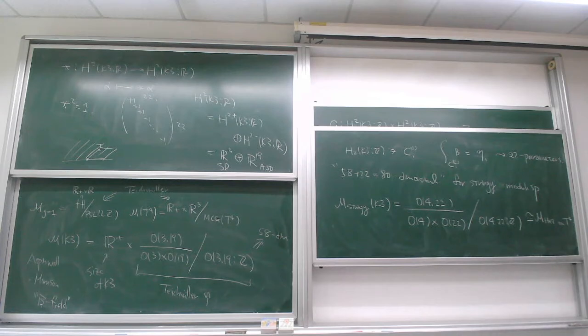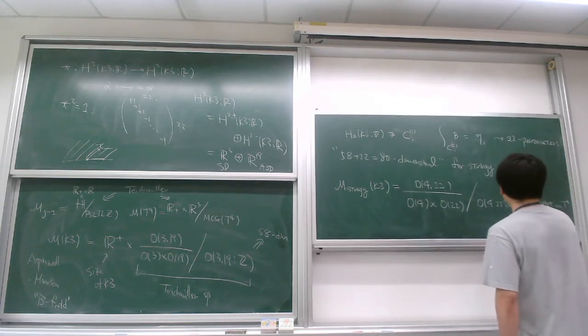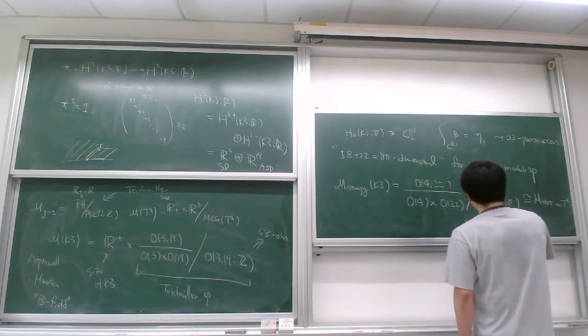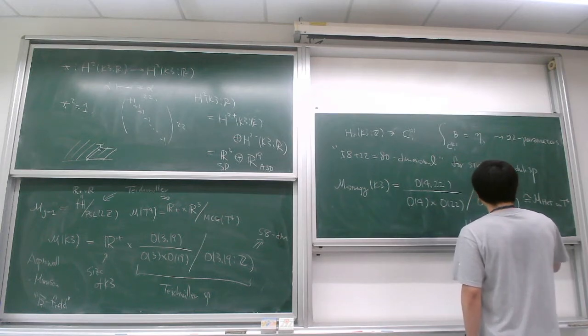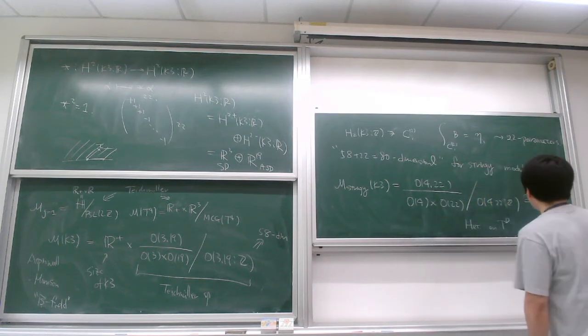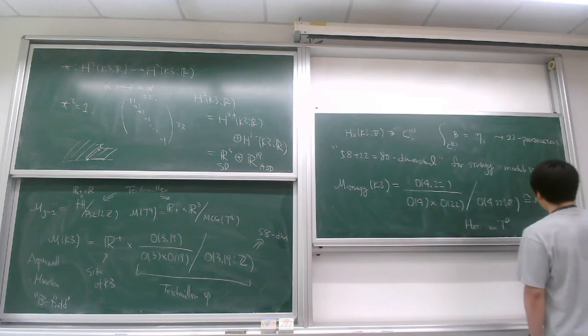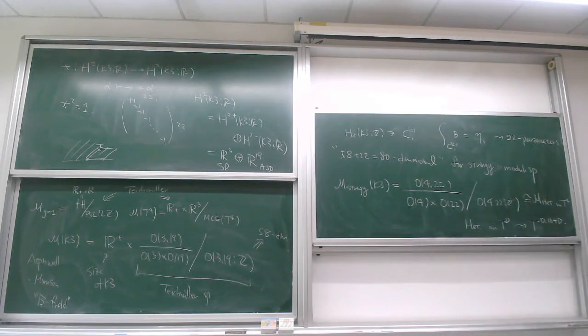Recall that once you compactify the heterotic string on TD, you get the (D, 16+D) lattice, and indeed the modular space becomes like this when D goes to 4.